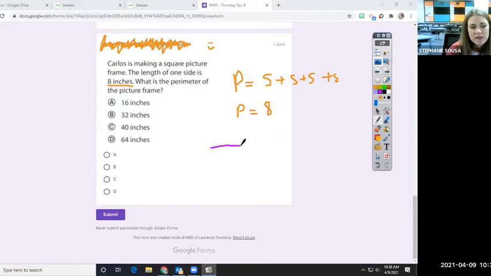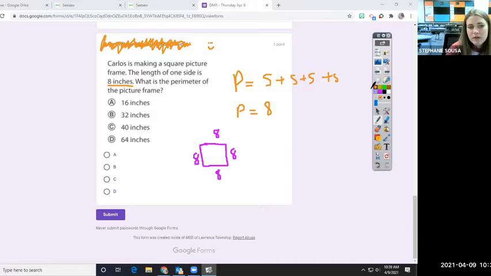Great question, guys, and I'm glad that you asked it in that voice too. We know that a square has the same size sides. That's why it's a square. If one of the sides were longer, it would be a rectangle. So that means if one of them is 8, all of them are 8.